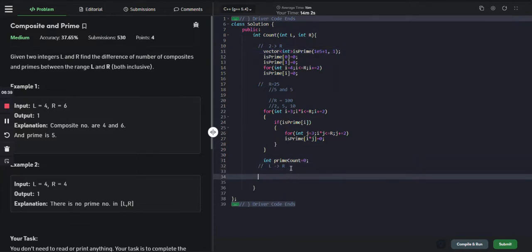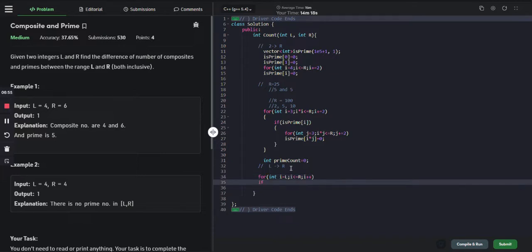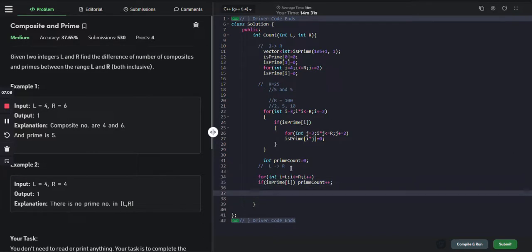So we can just start a loop from I equals L, and I should go till R, with an increment of I. If that number is a prime, then we can say prime count incremented by 1. And finally we can return the absolute difference of the composite and prime numbers.